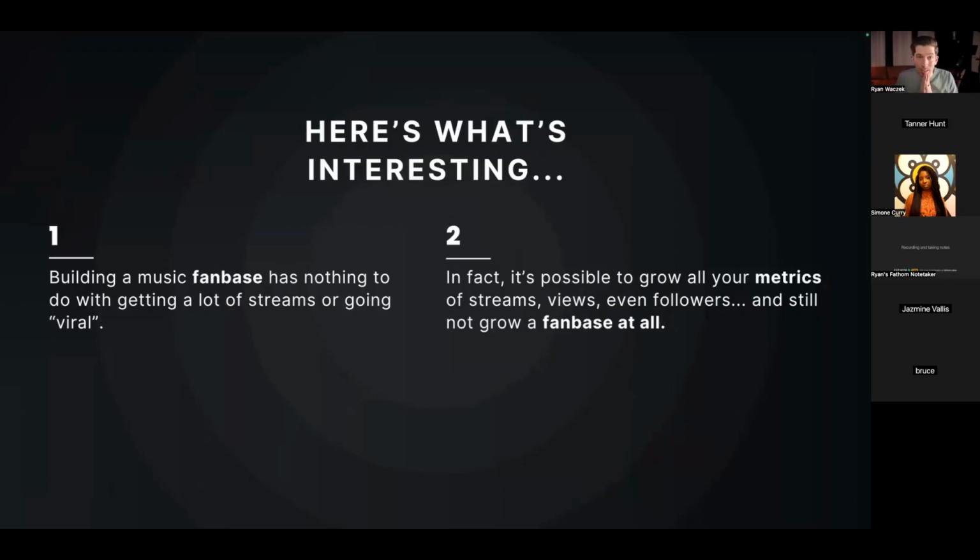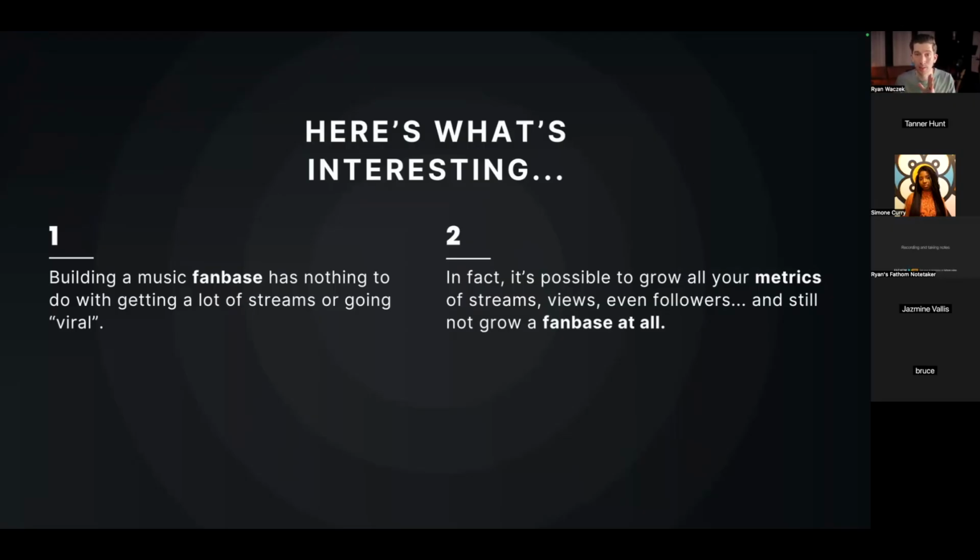And it's that building a music fan base has nothing to do with getting a lot of streams or going viral, because it's actually possible to grow all of your metrics, grow your streams, grow your views. You can even grow your followers, but it's still possible to not grow a fan base at all.